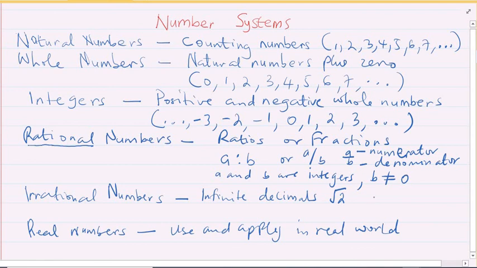And then a real number is any number you can use and apply in the real world. In fact, it runs from negative infinity to positive infinity.